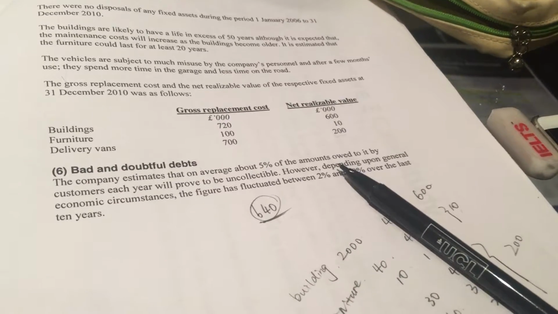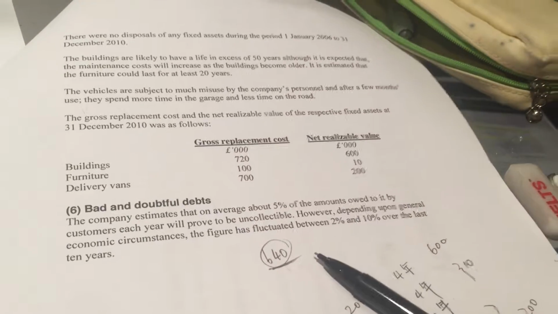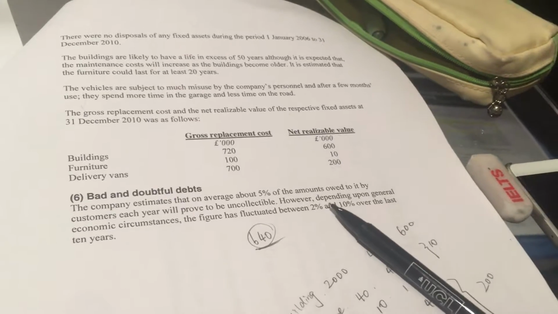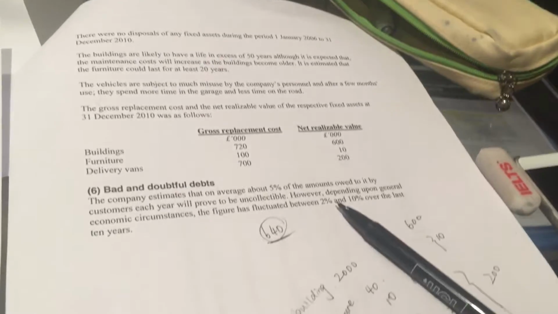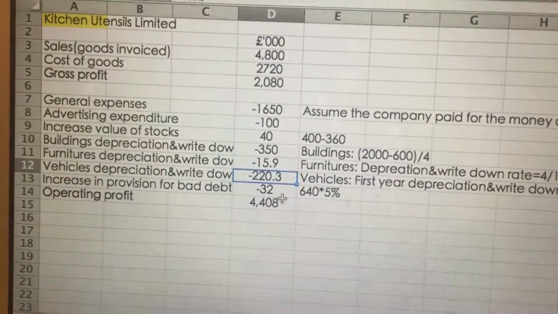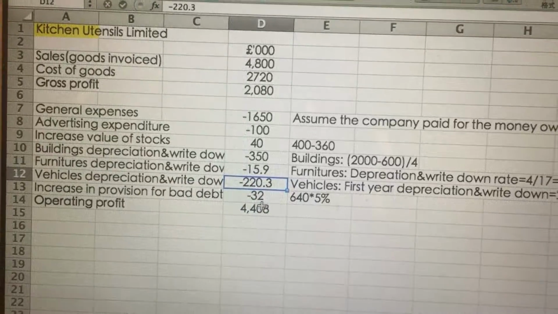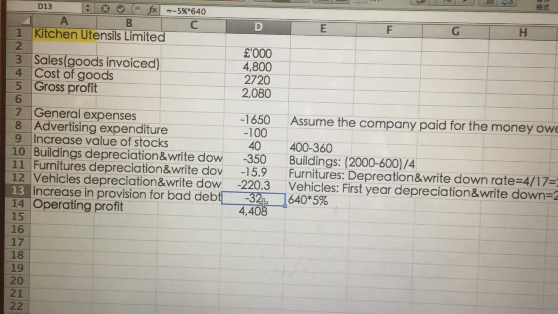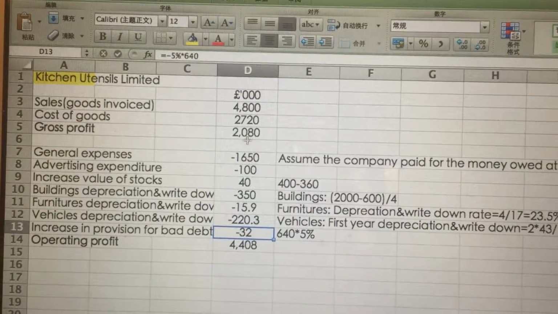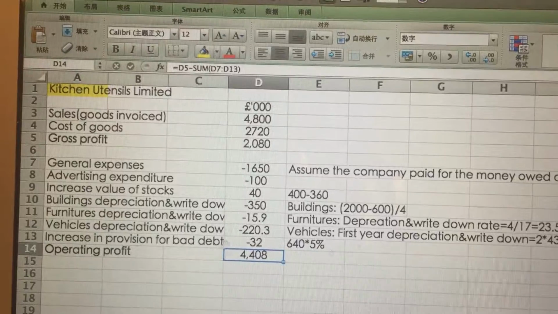And since the figures have fluctuated between 2.2% and 10%, and 5% is like an average amount, we prefer to use 5%. So we can say here there is an increase in provision for bad debts of minus 32. And after some calculation, finally we got the operating profit for this figure.